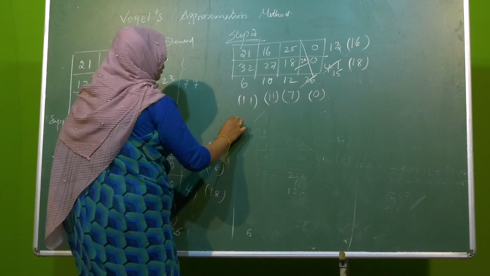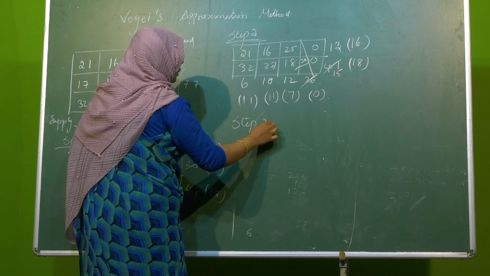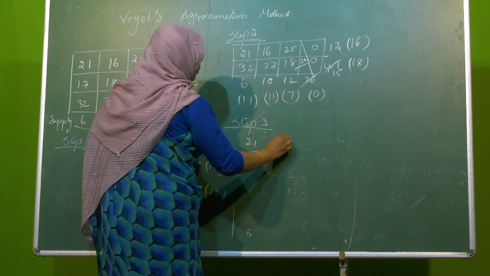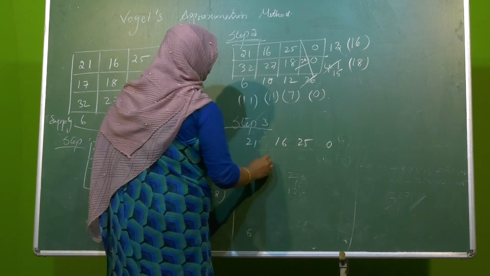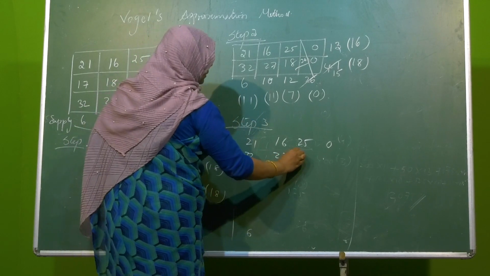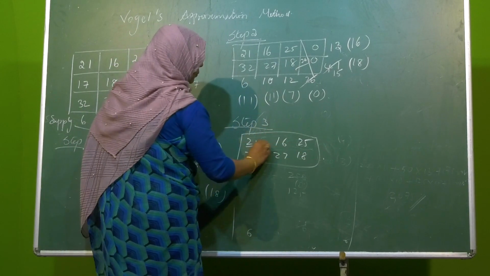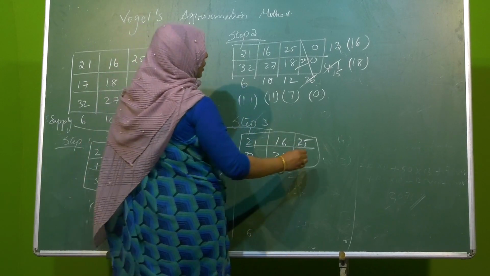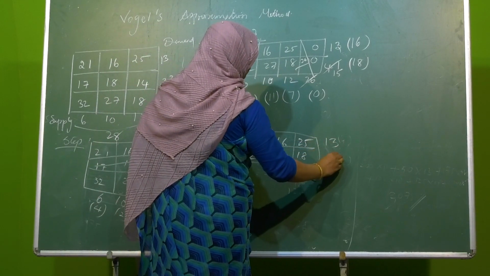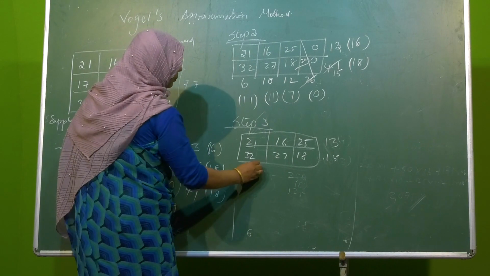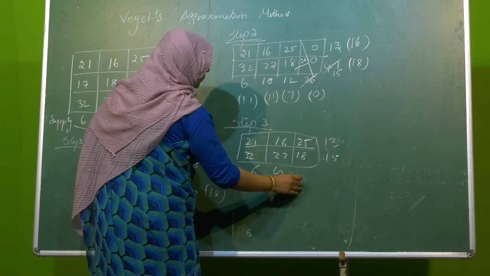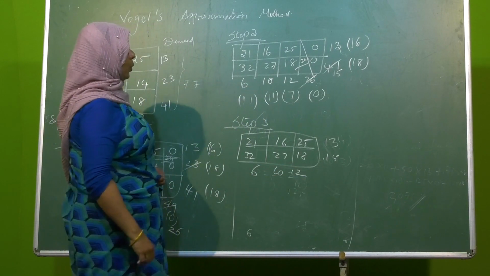Now step 3: 21, 16, 25, 0, 32, 27, 18, and then 13, 15, 6, 10, 28.